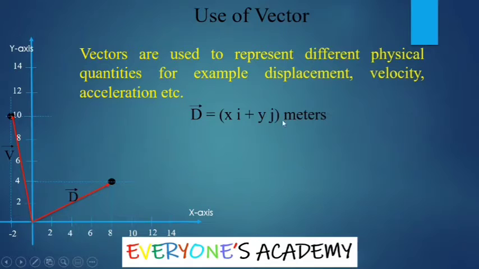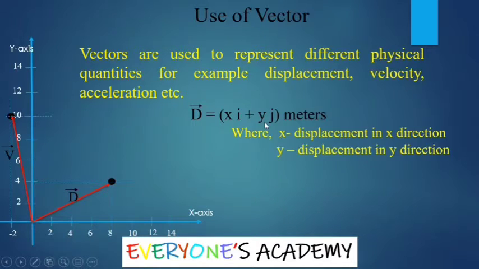The meaning of this vector is that there is x unit of displacement in x direction and y unit of displacement in y direction. Then vector can also be used to represent the velocity vector, and the format for that will be vxi plus vyj, where vx is velocity in x direction, and vy is velocity in y direction.